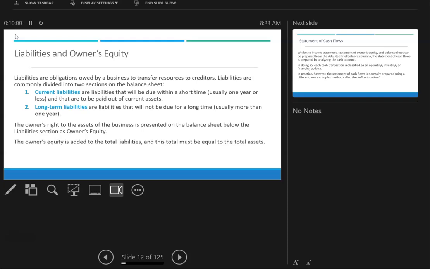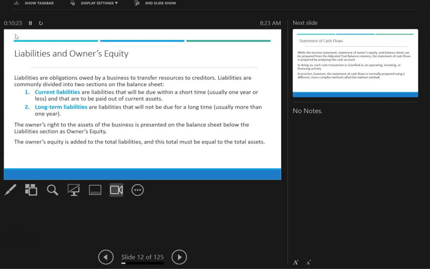There are current liabilities. Those are liabilities that are due within a short time frame, usually less than a year. Think of payroll or salaries payable, that's going to be a current liability because as an employee, you better get paid within the year, right?